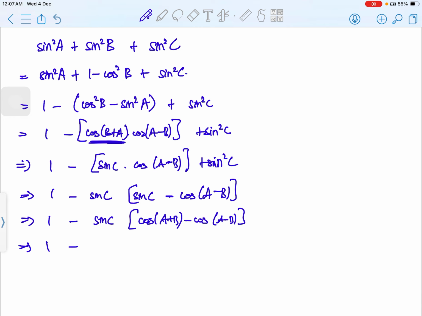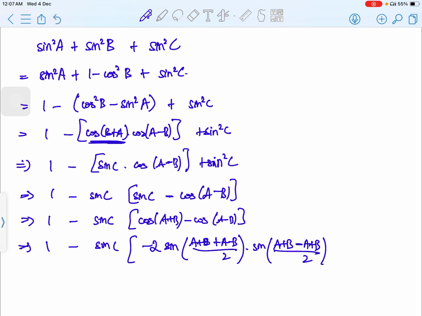This into sin C times minus 2 sin of, add these two and divide by 2, that is A plus B plus A minus B by 2, into sin of the subtraction, A plus B minus A plus B divided by 2.